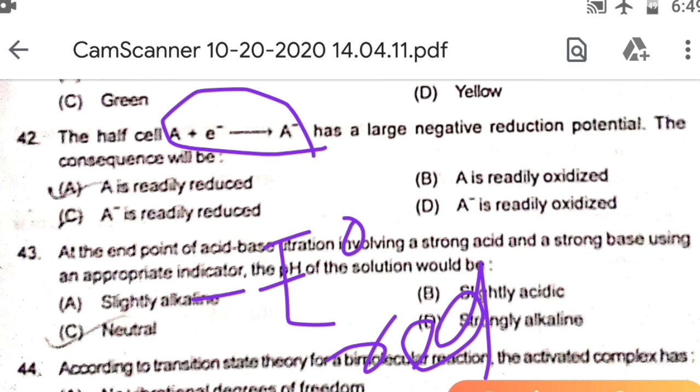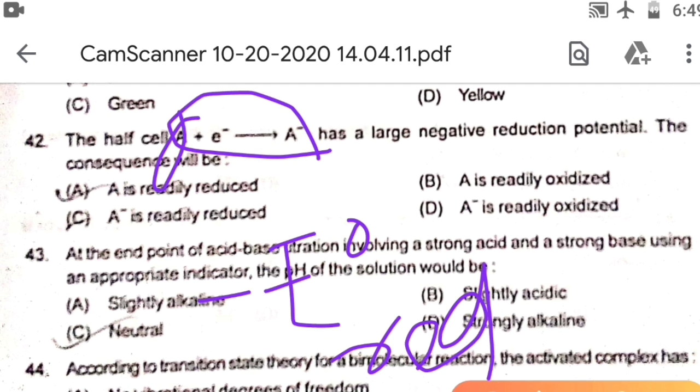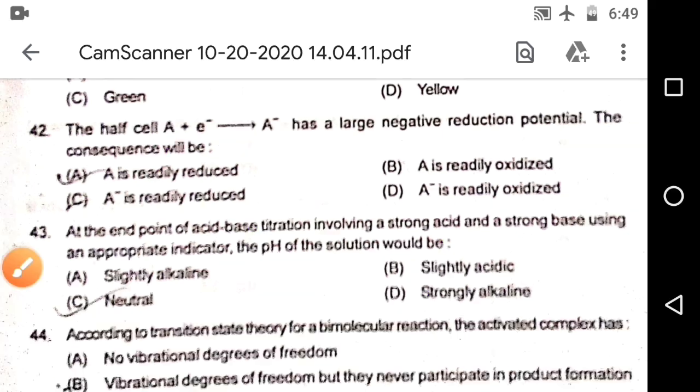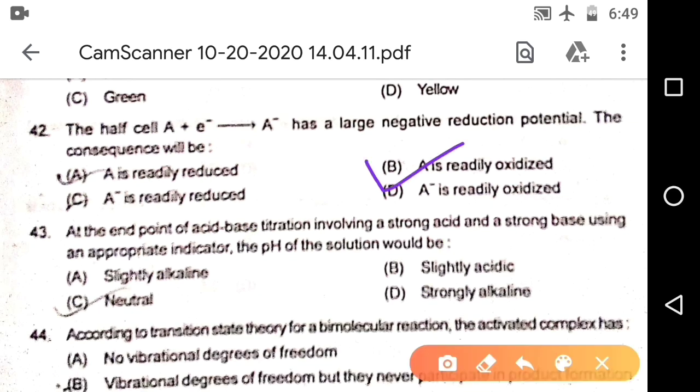So A will be easily oxidized. So the answer is B: A is readily oxidized.